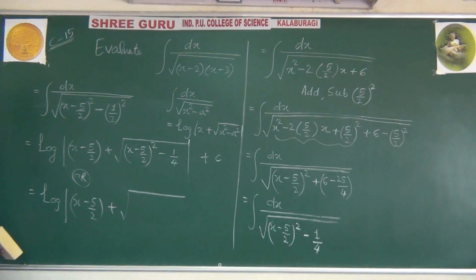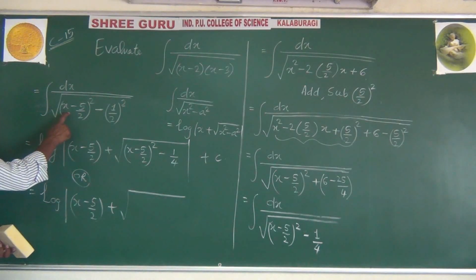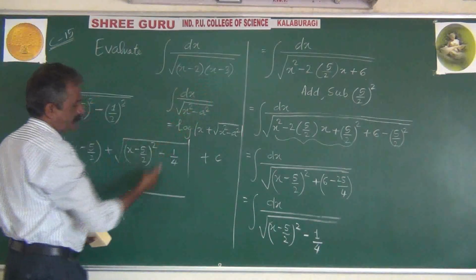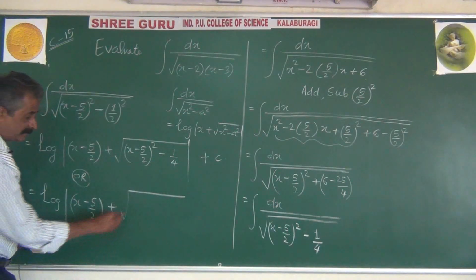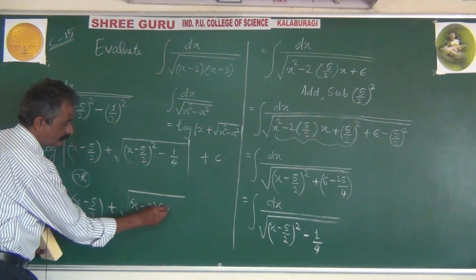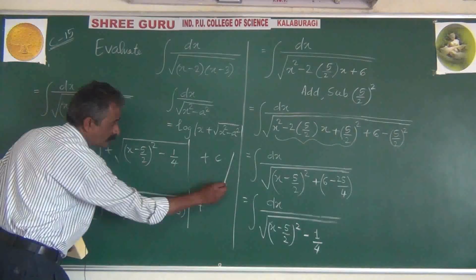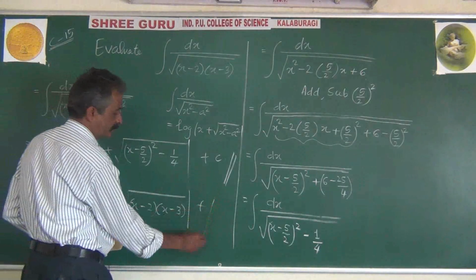Actually, we got it from the expression x square minus 5x plus 6, which is the same as (x minus 2) into (x minus 3). So this is equivalently the same as (x minus 2) into (x minus 3). You can stop here, nothing is wrong here, or you can write this step also. That is also correct.